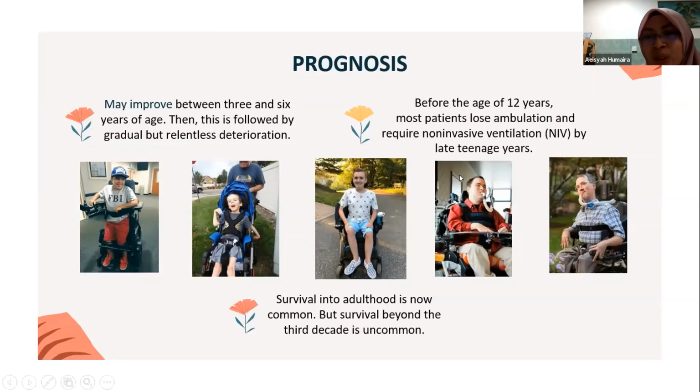And they also require non-invasive ventilation by the late teenage years. So life expectancy is shortened, but survival into adulthood is now common because of treatment with glucocorticoids and also advances in cardiac and pulmonary care.